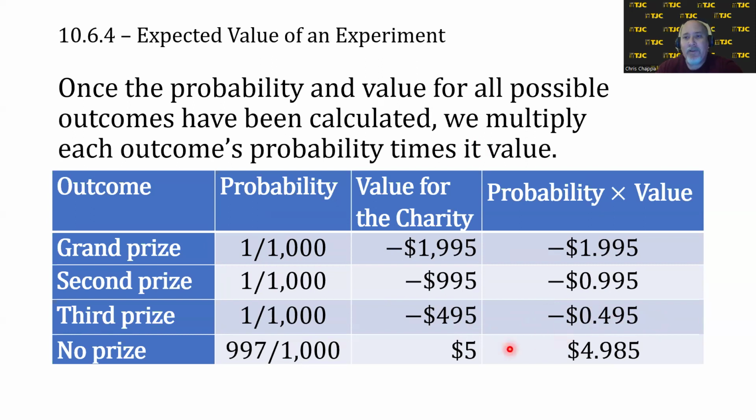But probability times value for the no prize tickets is positive because the probability is positive, but so is the value for the charity. And when you multiply 997 over 1,000 times 5, you get 4.985. So we're almost there.